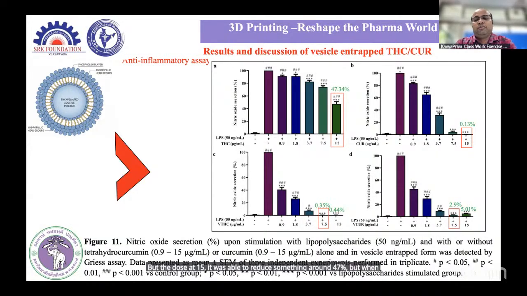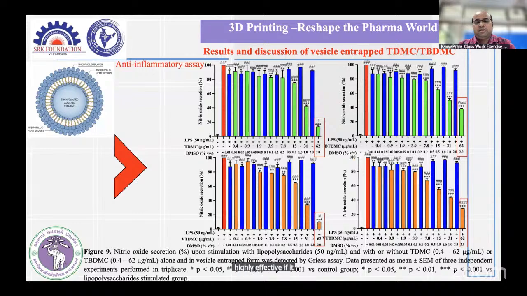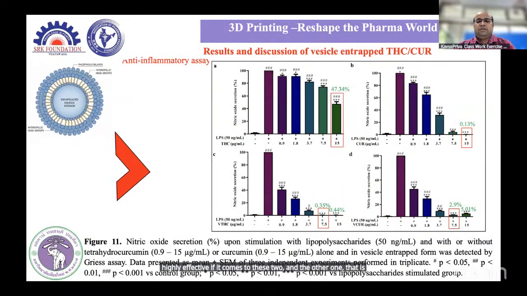When it comes to curcumin, at 15 microgram, it could present results similar to the control. So this defines that these two metabolites are highly effective, and the other one is tetrahydro, but it depends on the availability of what we can prepare. This is a comparative result we have already presented and published in a good high impact factor journal, Biological Macromolecules and Nanomedicines.